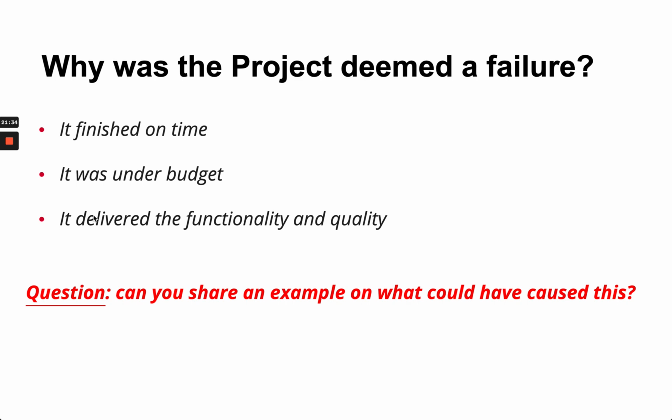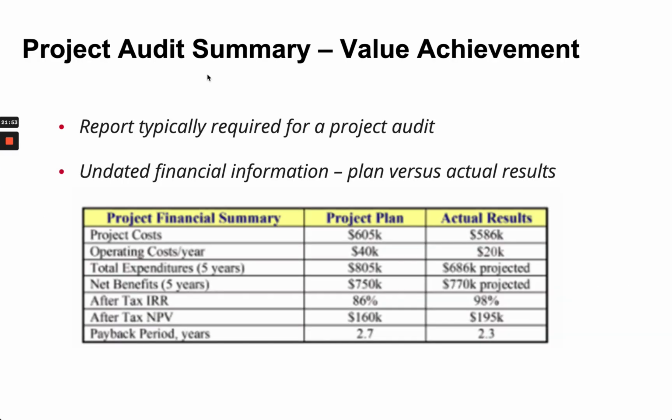Here's the question. Can you share an example on what could have caused this? Team, I value your experience. You did time, budget, and quality, but for whatever reason, it failed. Something I want to share with you as a simple template example.